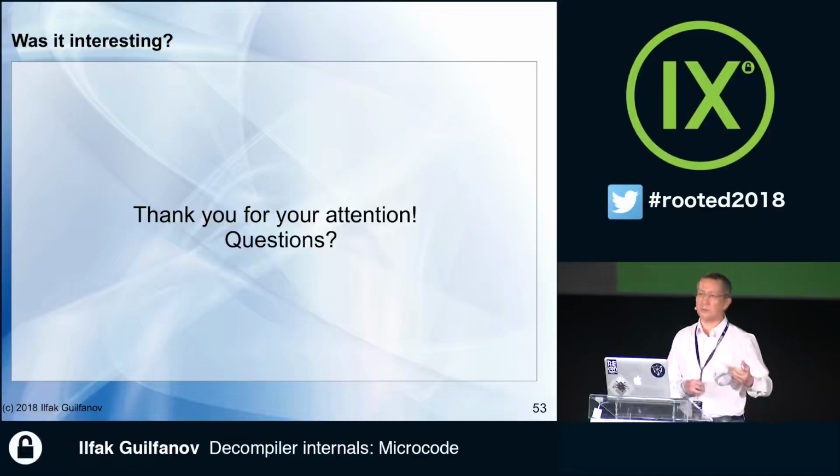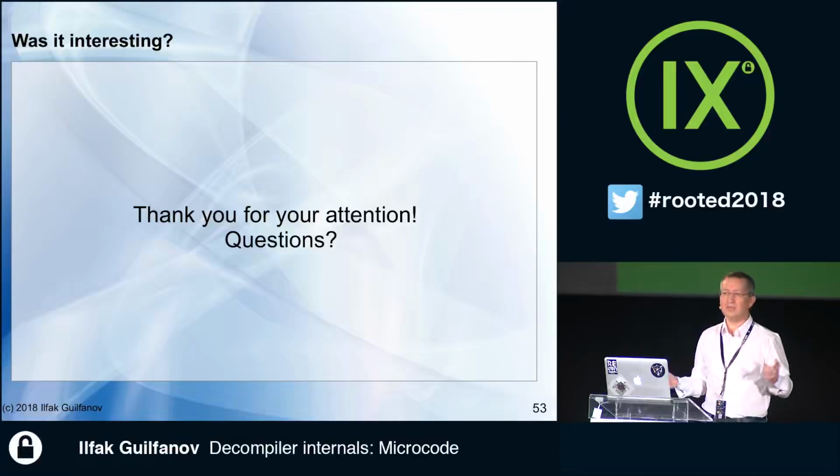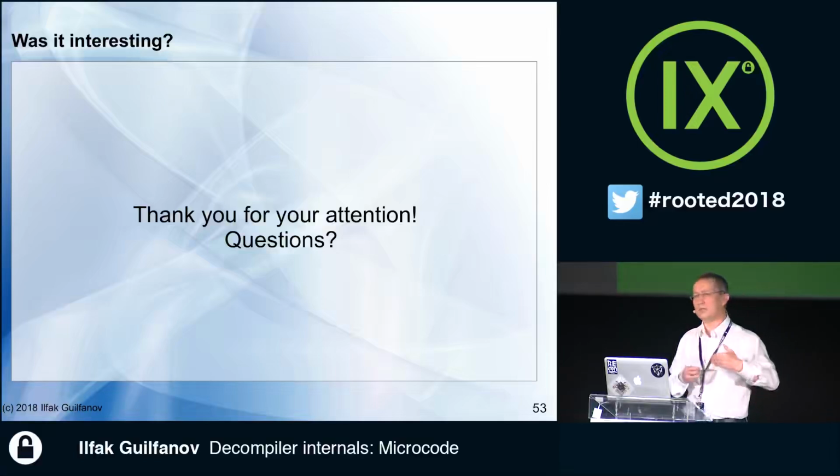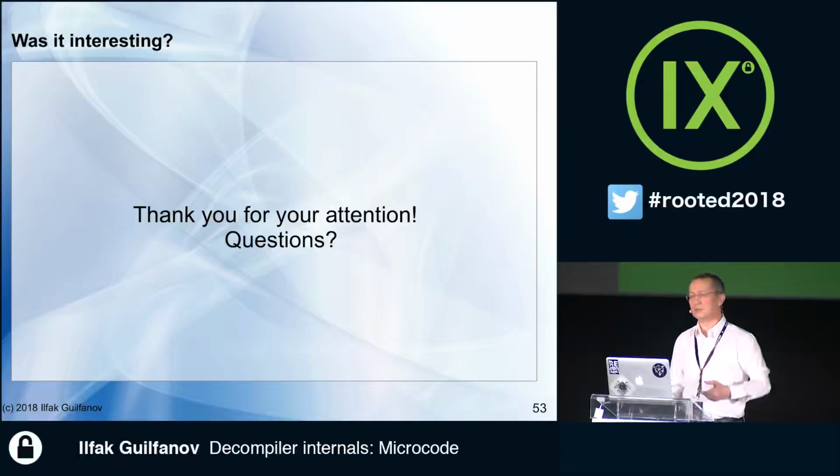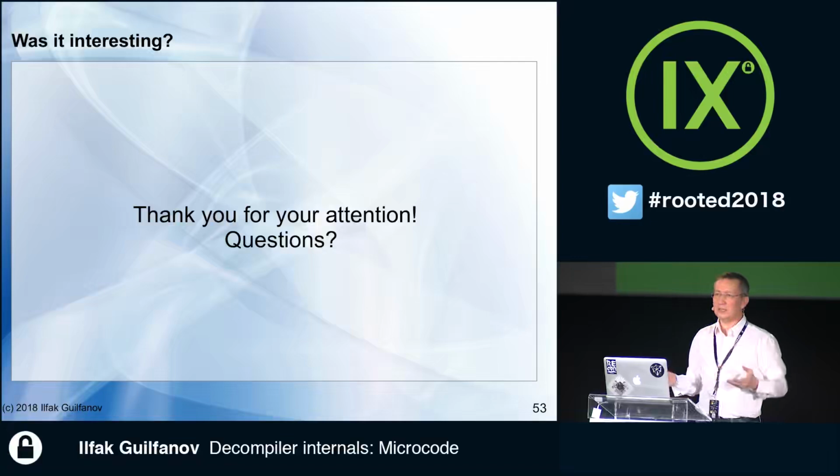There can be other problems, for example, we misdetect the function boundaries, or we track the stack pointer incorrectly. These are generally unsolvable problems. It's not only a shortcoming of a decompiler, it is a generically unsolvable problem.